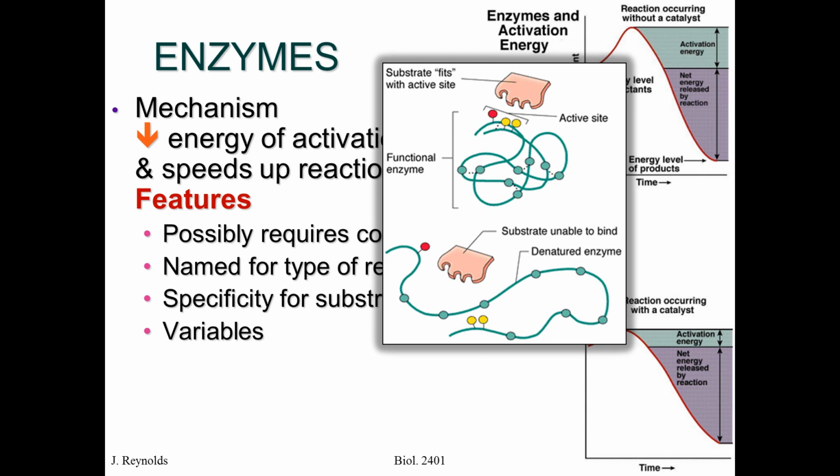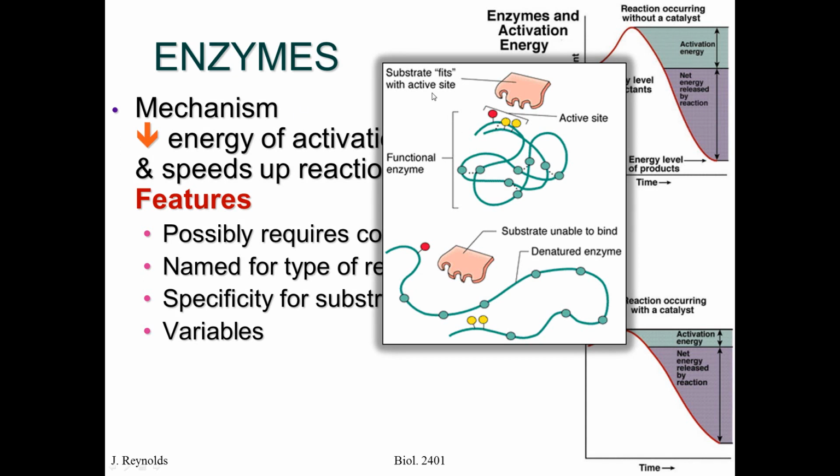You've been stirring it with a spoon. Or if you heated it a little bit in a microwave, you'd get the sugar going into solution even faster. Those are catalysts. That's what I mean by that action. An enzyme is a catalyst too.